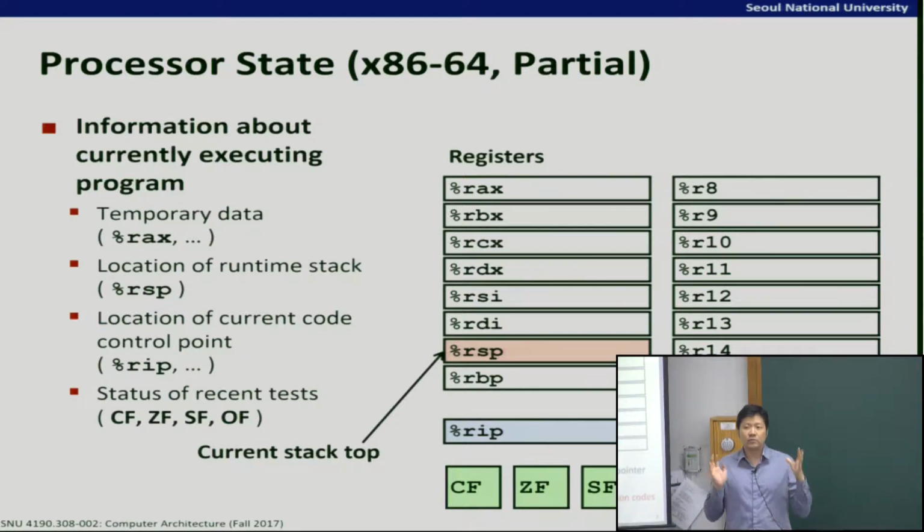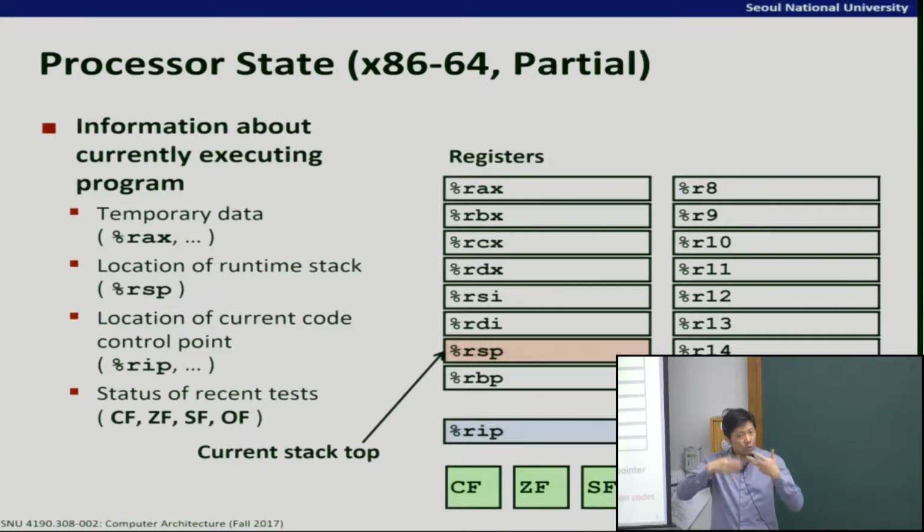As a result of a computation, these 4 bits, like carry, zero, sign, overflow, are set implicitly, as a side effect of computation, right? So that's the state of the processor we have.